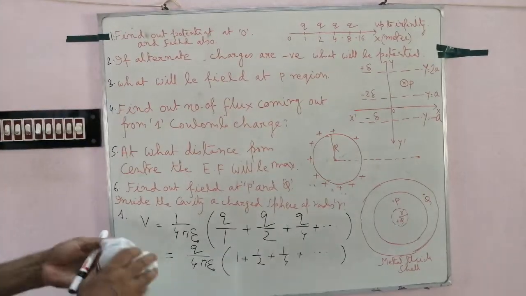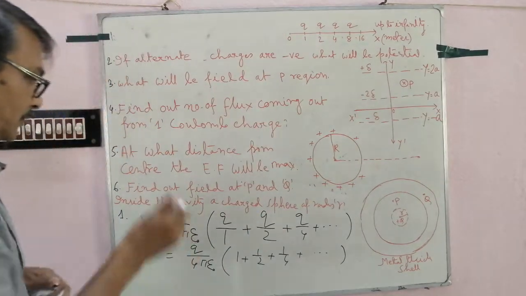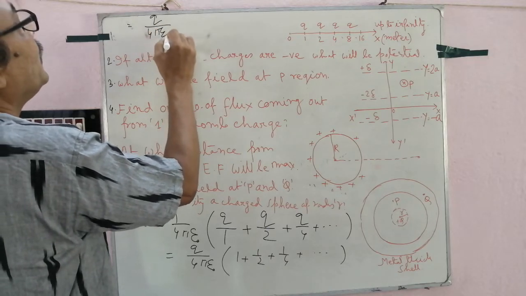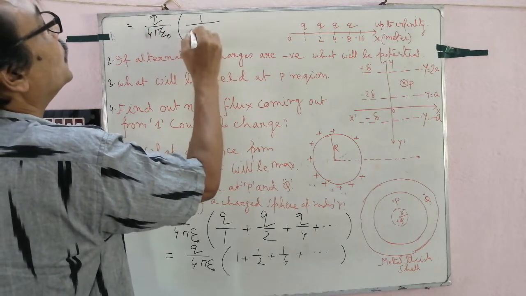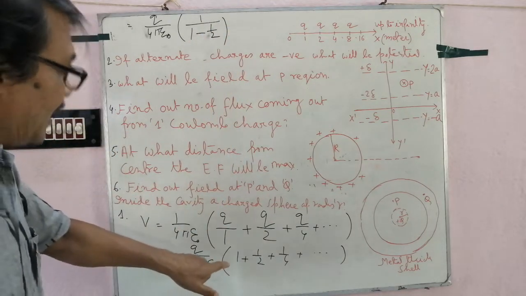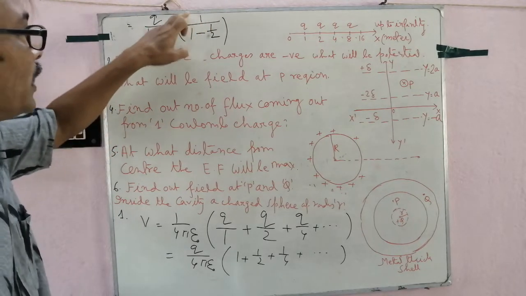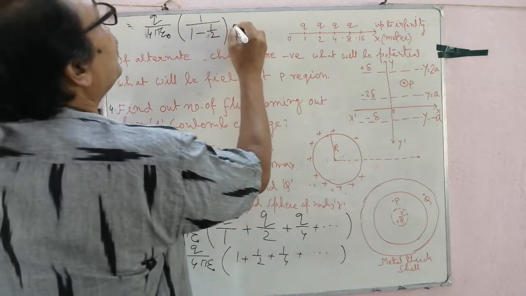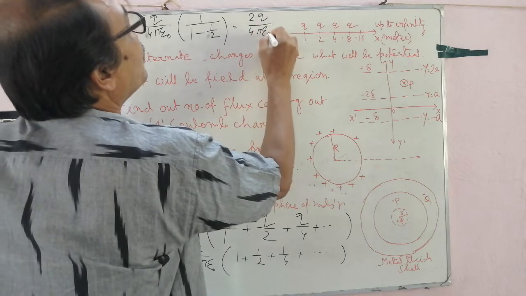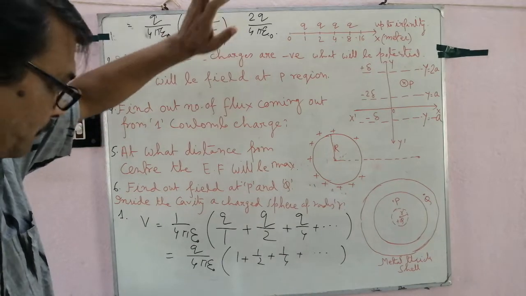So the final result will be q by 4 pi epsilon naught, 1 by 1 minus half. Common ratio half, first term 1, this is a formula, 1 by 1 minus half. So the final result will be 2q by 4 pi epsilon naught. Clear? So we can find the potential.